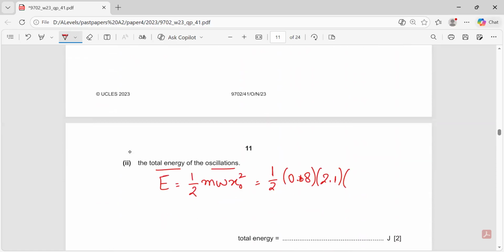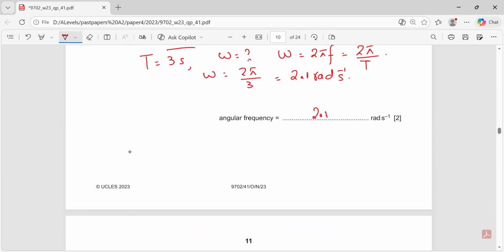So it is 0.81. Sir, is it not half m omega square x naught square? No, it is half m. Yes, it is half m omega square x naught square, because half m v square is there. You're correct. So this is 0.81 into 2.1 multiplied by x naught.